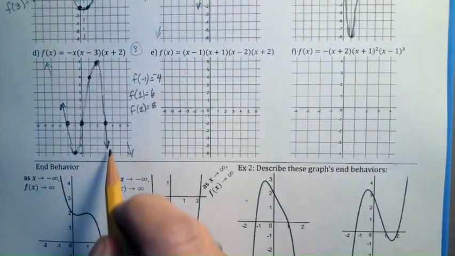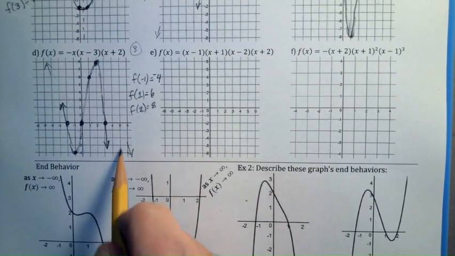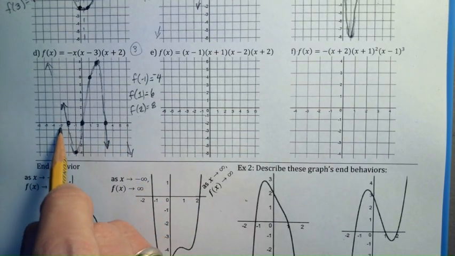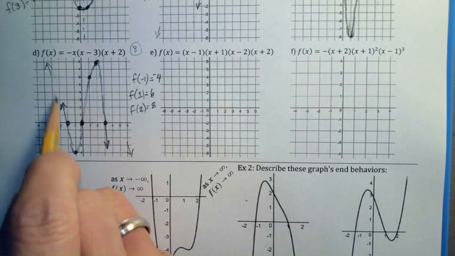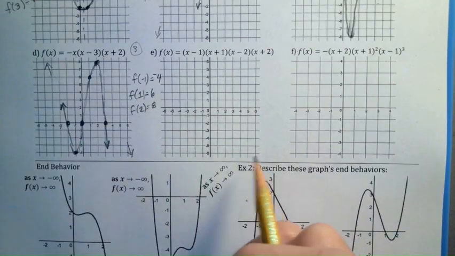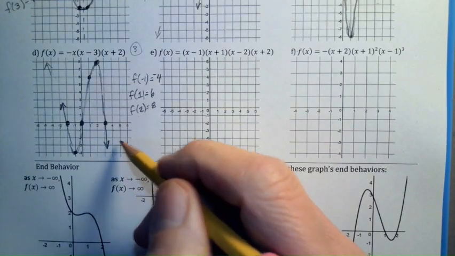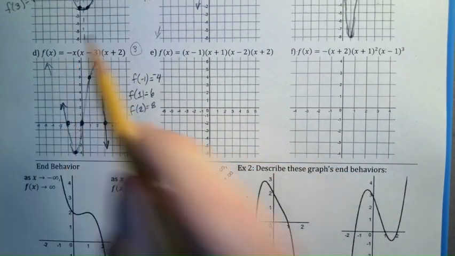Something like that. Again, don't go much past the points unless you're checking the next data values, right? So you could put in a negative 3 if you wanted to figure out how steep this thing should go. But we knew it starts left going up and ends right going down because of the negative coefficient.